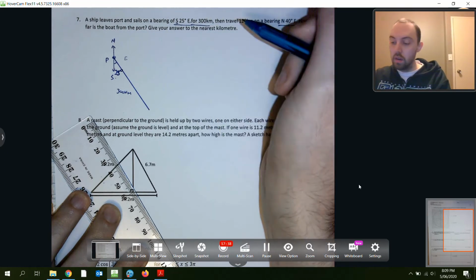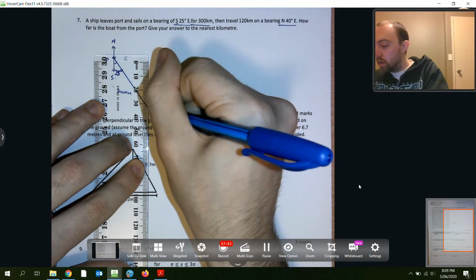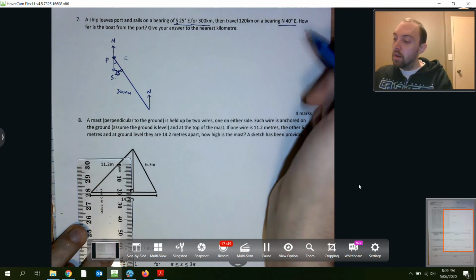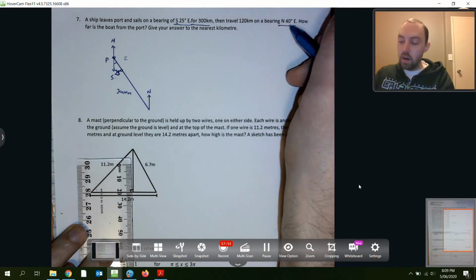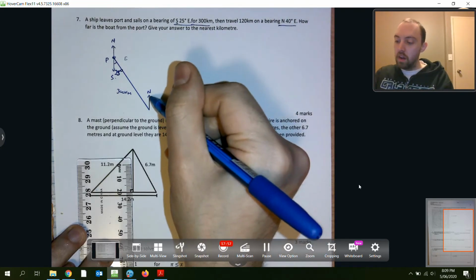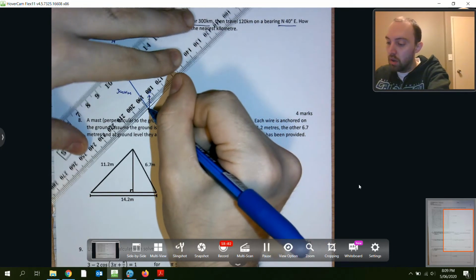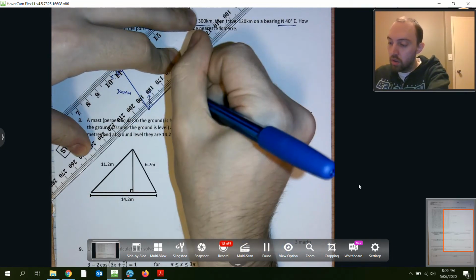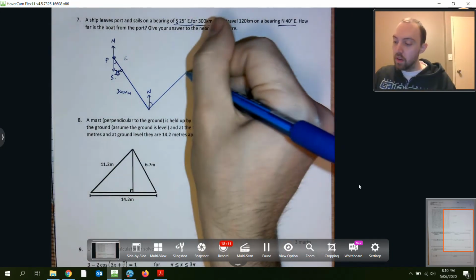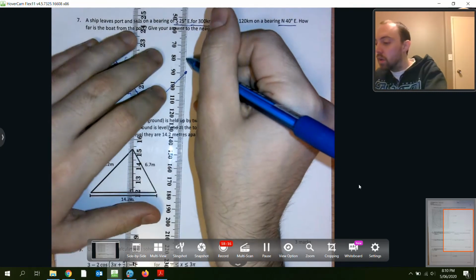Anytime I make a stop when I'm doing my bearings, marking north is a useful thing to do. And then my next bearing, so I turn this ship around a little bit and I am going on a bearing that is starting at north, but it is 40 degrees east. It works something like this. It doesn't have to be perfect with your scale. And then I've stopped again, so I chuck in a north.